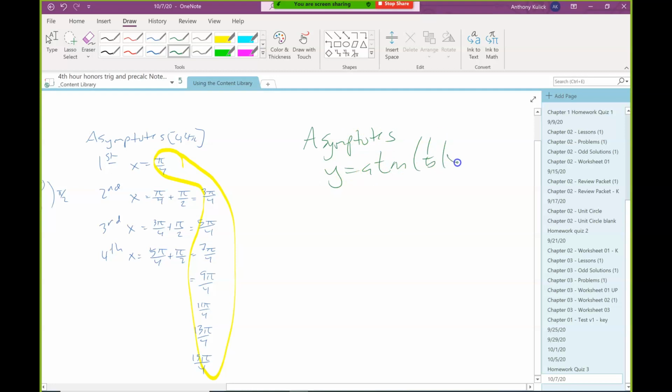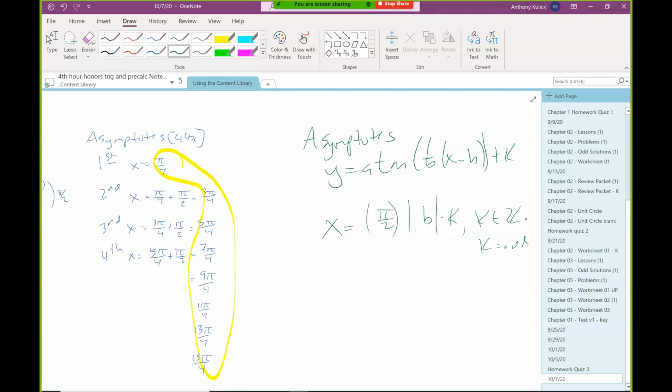If I take any tangent function in our form of a transformation, our asymptote is going to be at x equals pi over 2 times the absolute value of b, times k, where k is an integer and k is odd. h is going to matter there too, though, right?